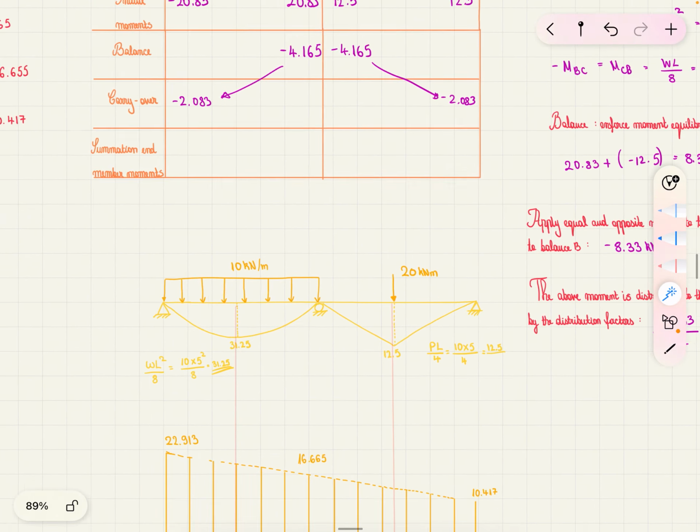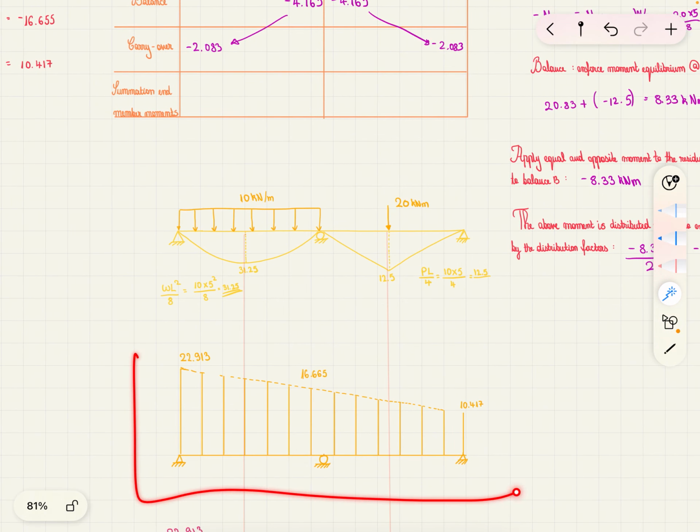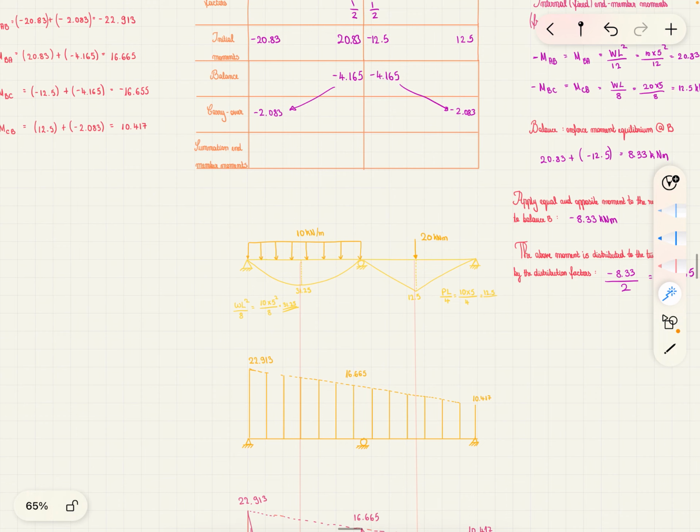You can see the values, and then this one here, here would be point A. So moment AB from the table we can see is minus 22.913.